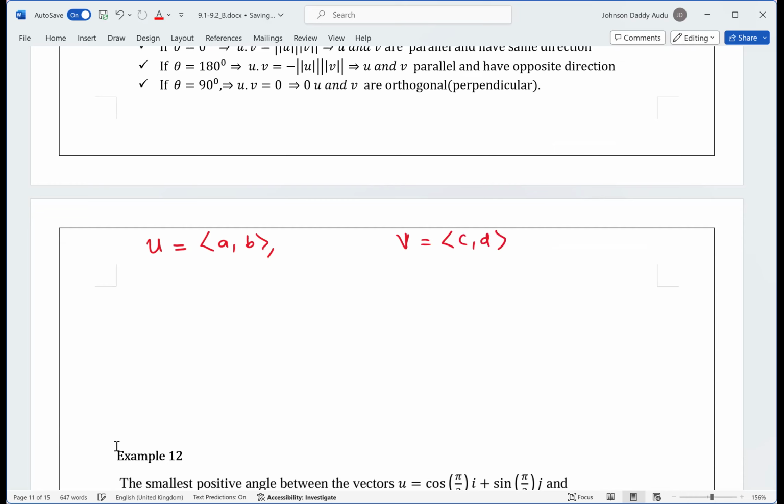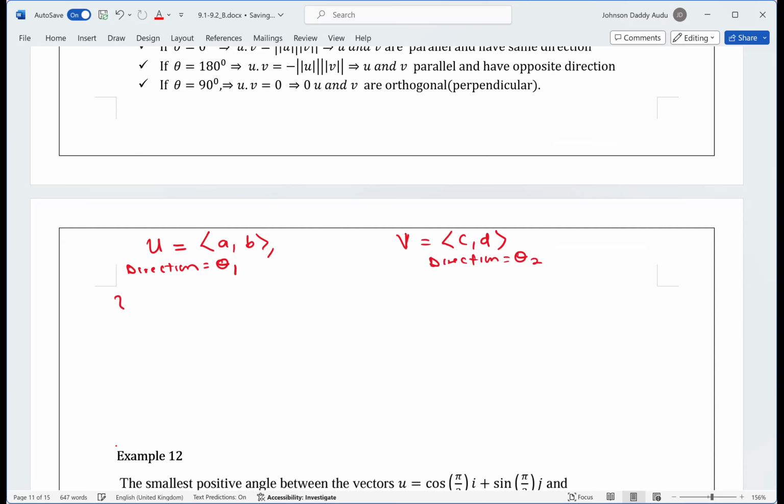So these are two vectors. Every vector has a direction. Let's say the direction of u is theta 1, and let's call the direction of this vector v theta 2.